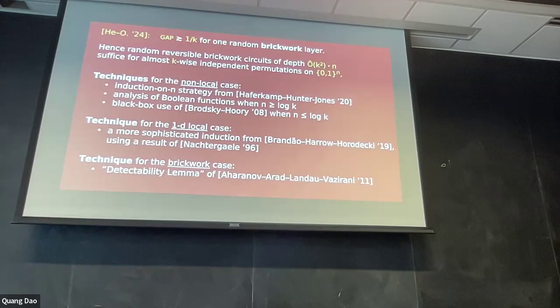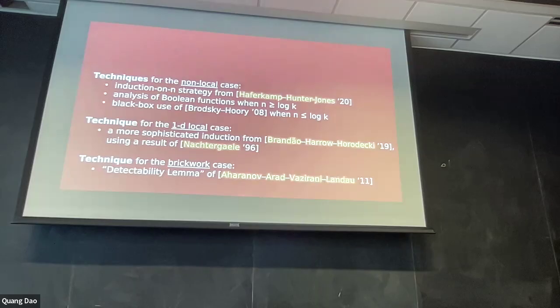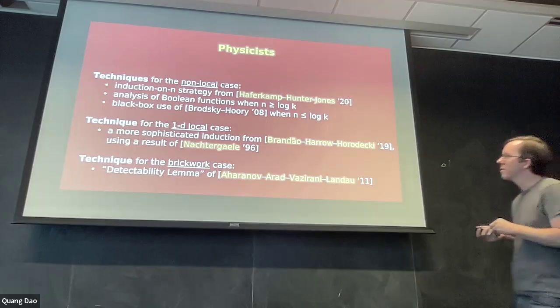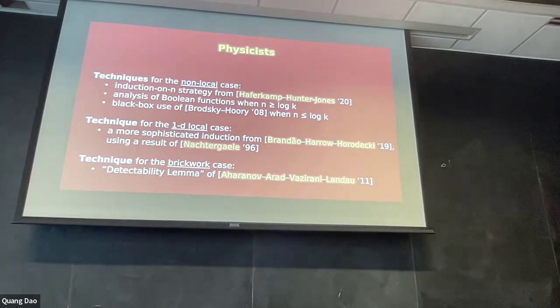And actually, the main reason I put up all these details, even though I'm not going to get into them, is this funny fact that all these yellow people are physicists. So almost all the tools we use, maybe except for Brodsky and Hoory, are from these physics papers, which is funny. And later I'll say a few words about why physicists are also interested in these kinds of questions.